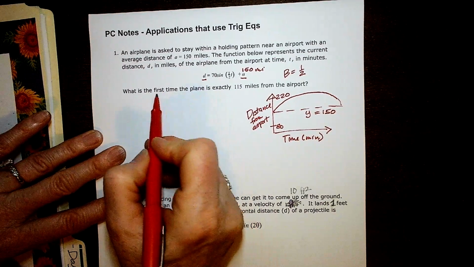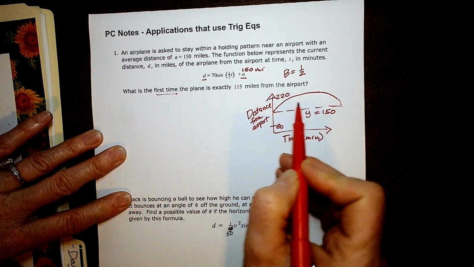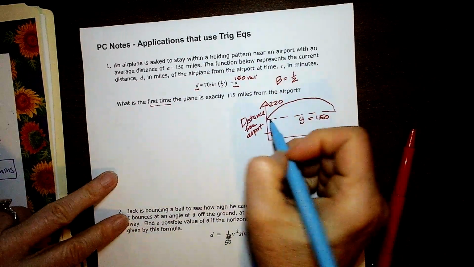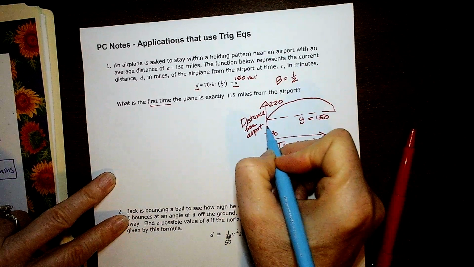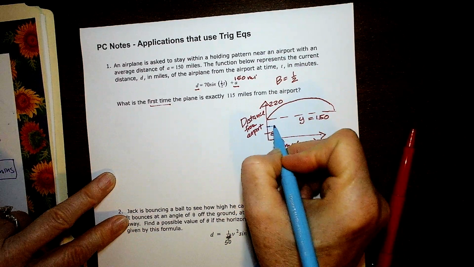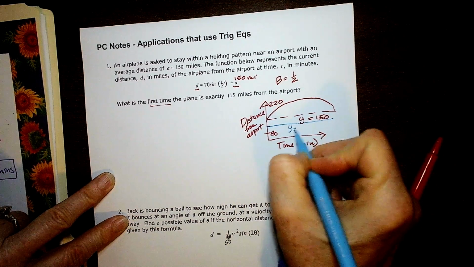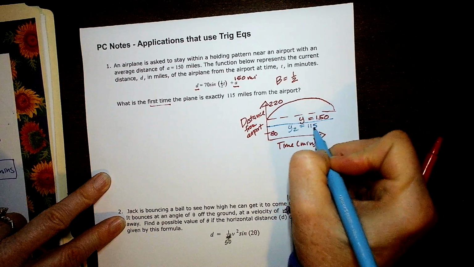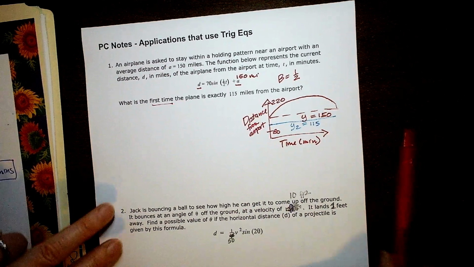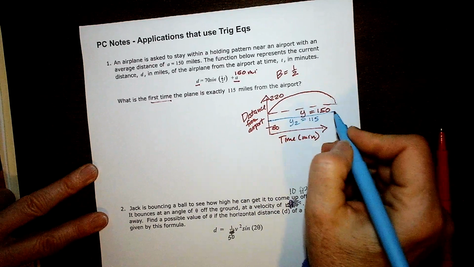What is the first time the plane is exactly 115 miles? Now let's draw that. This is 150, so 115 is going to be right here. y equals 115. All right, so when does this occur?